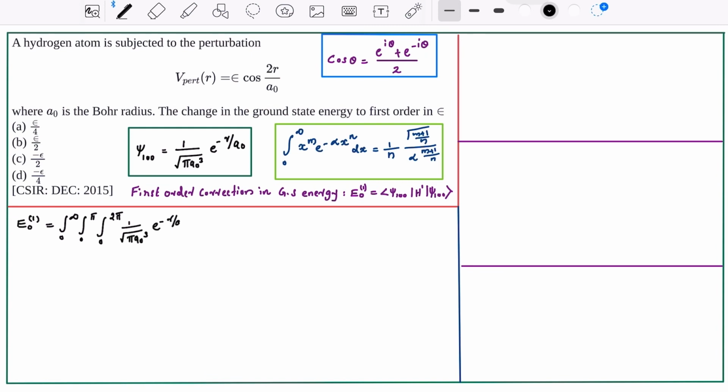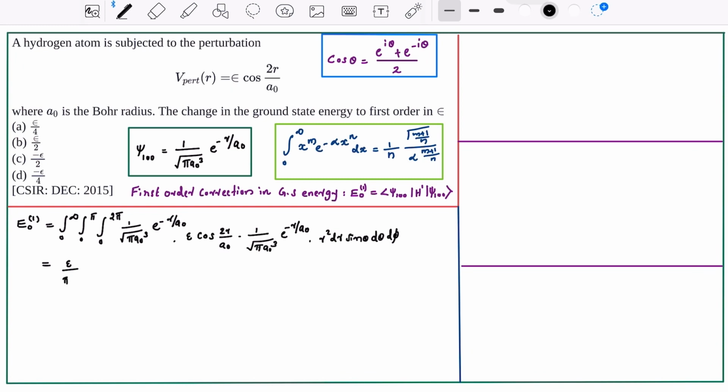First psi star, that is 1 by root of pi A0 cubed e raised to minus R by A0, then the perturbation epsilon cos 2R by A0, then psi, that is 1 by root of pi A0 cubed e raised to minus R by A0, then d tau, that is R squared dr sine theta d theta d phi.